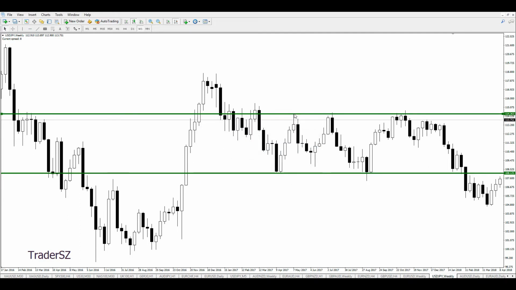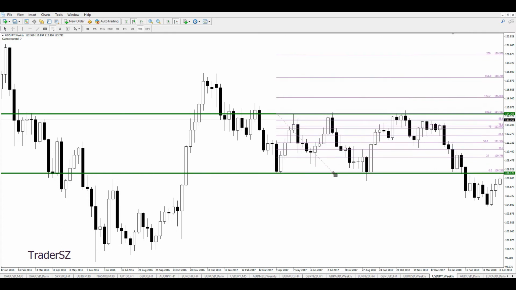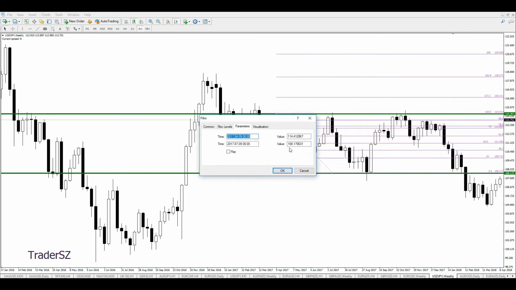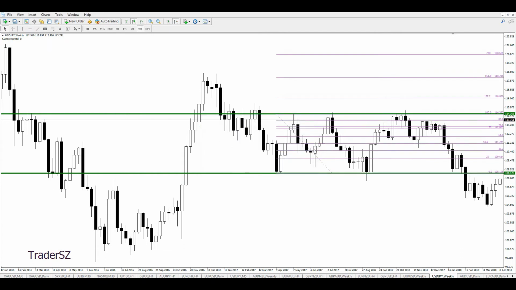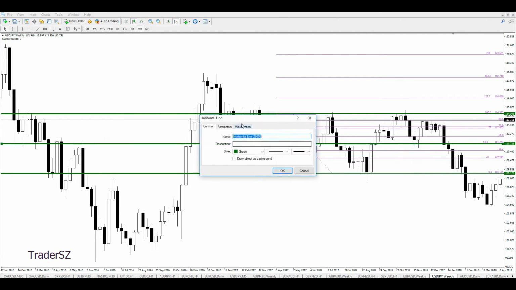And then I'm going to mark out the mid-range, the midpoint. 114.363 and 108.125. So the mid-range comes in at 111.244. 111.244. Okay.